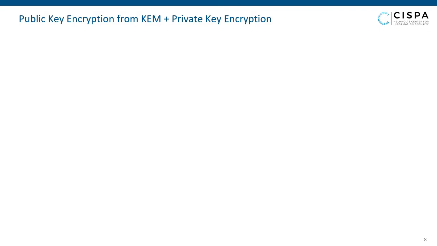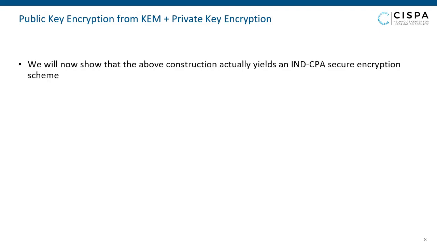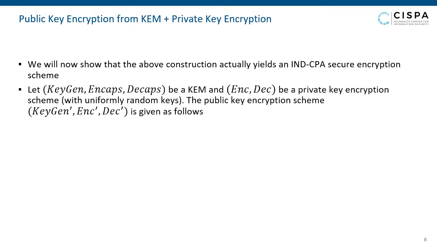We will now show that the construction we discussed in the beginning of this lecture actually yields an IND-CPA secure encryption scheme. So first, let's write down this construction formally.